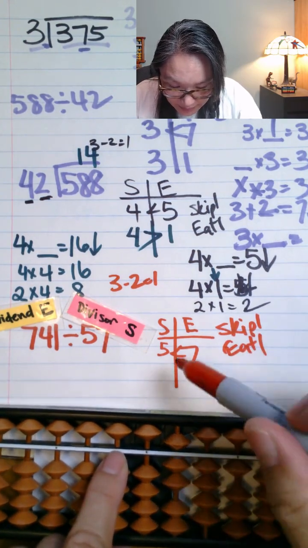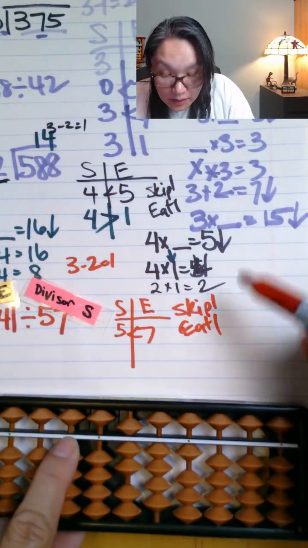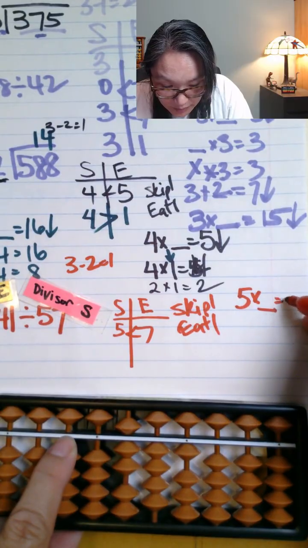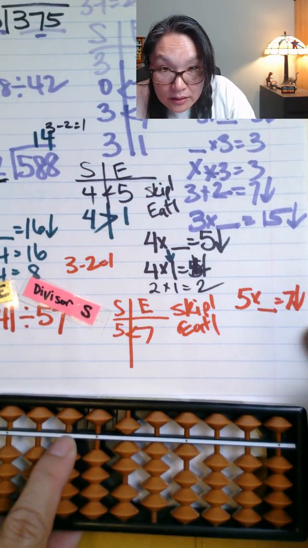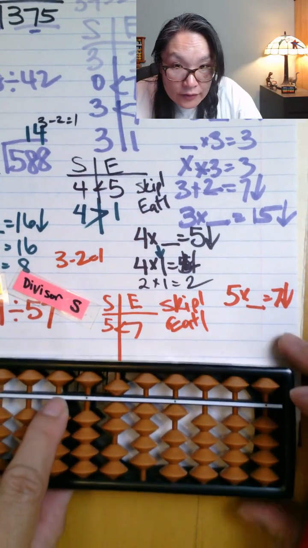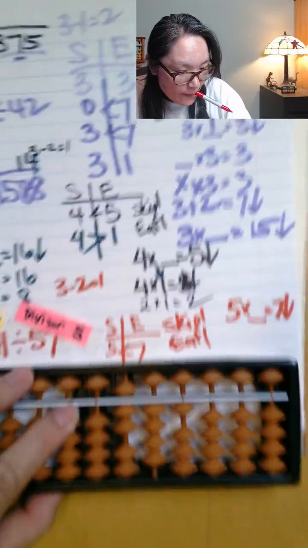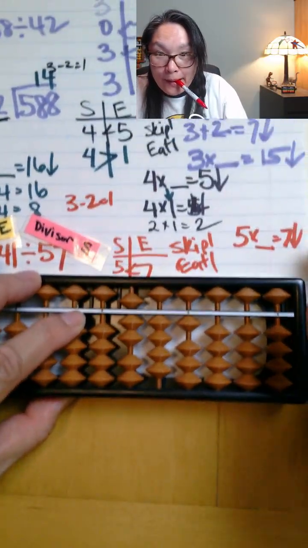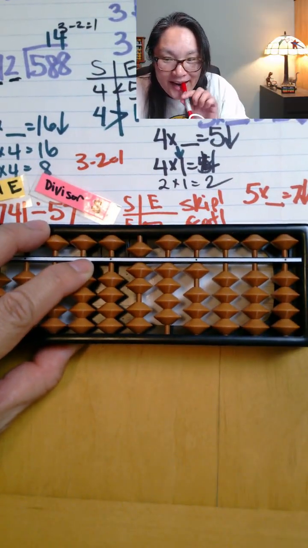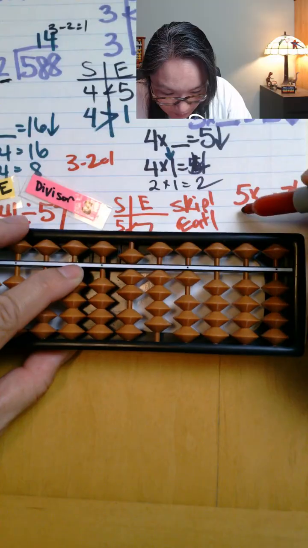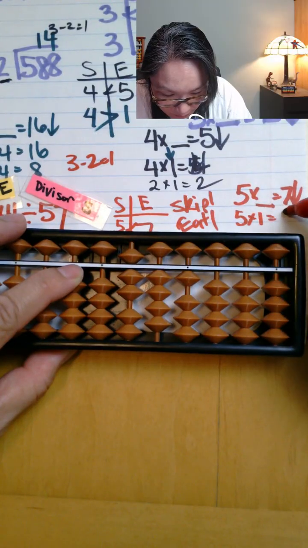What's going to happen is, 5 times what is equal to 7 or less? 5 times 1 is equal to 5.